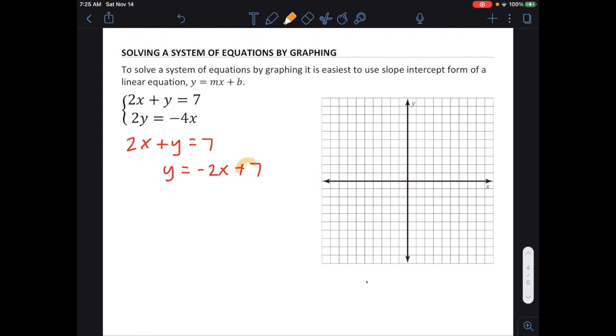So again, the y-intercept, the slope, probably ought to add that 1 underneath the slope so we remember it's a fraction. So I'm going to go up to 7, make a point, and then I'm going down 2 over 1.